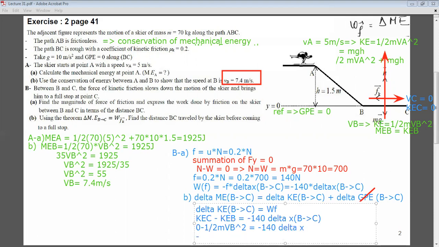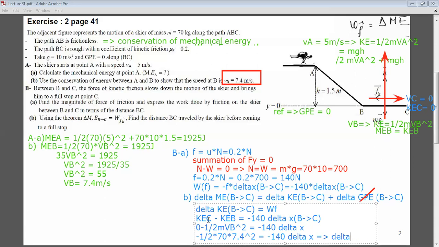Okay, so let's plug in: minus half times m is 70, times vB squared, it is 7.4 squared. This is equal to minus 140 delta x. Okay, just using the calculator, the minus will cancel the minus.